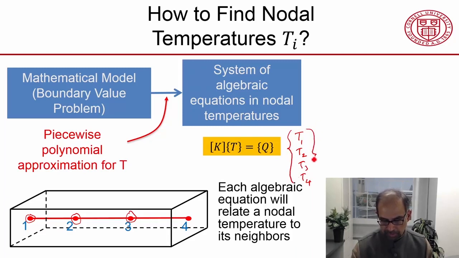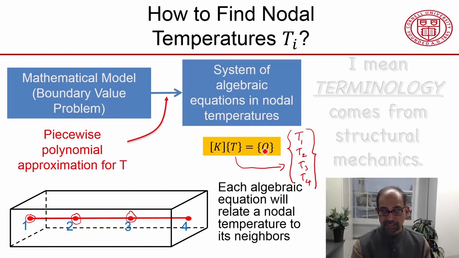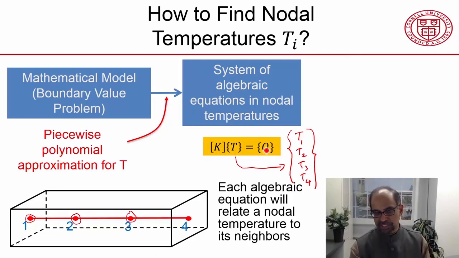So that's what that's going to look like in our case. This is called the stiffness matrix. It comes from structural mechanics, which we will see later, and that's the force vector, and the boundary conditions will affect that. The heat generation term will affect that. Again, bad notation. That's not the heat generation term that we saw earlier.